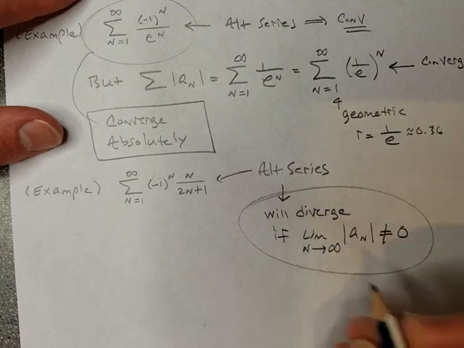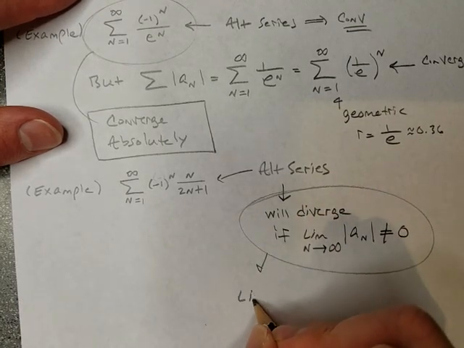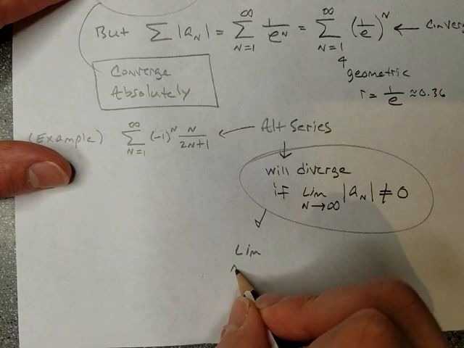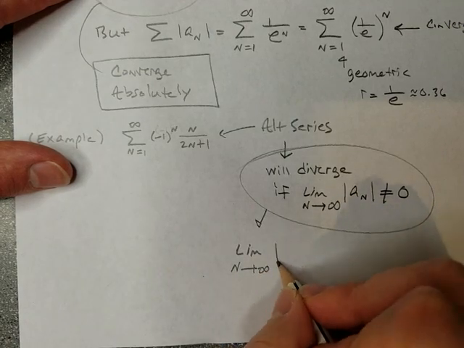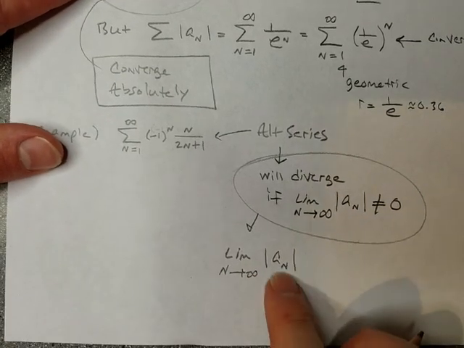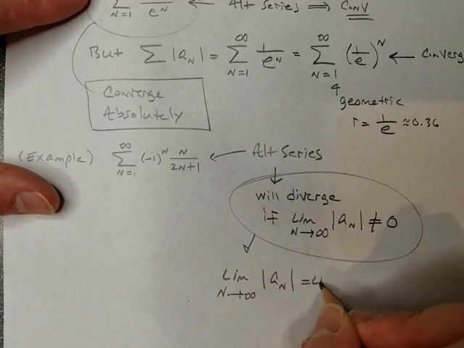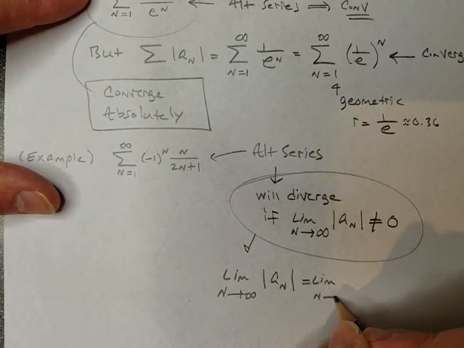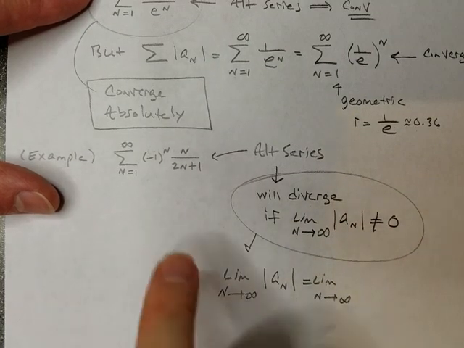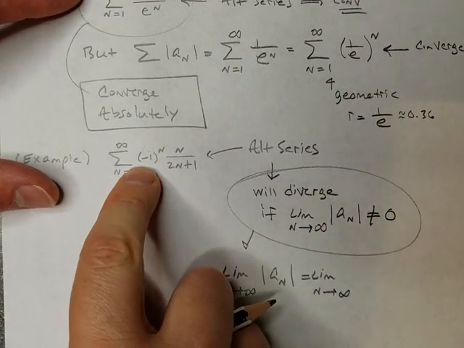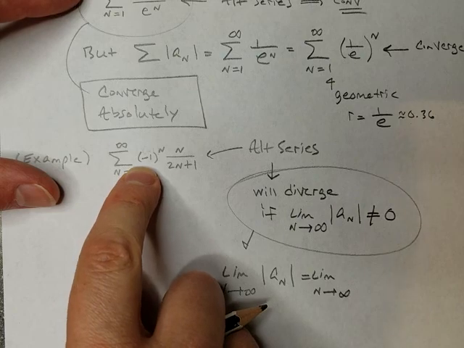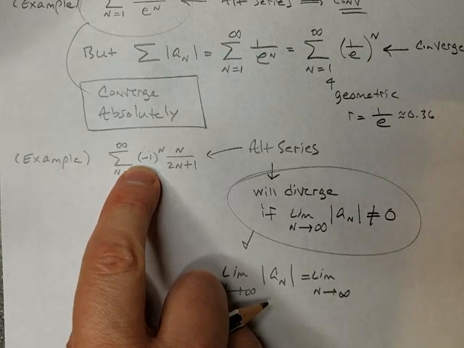So let's see. In our case, the limit as n goes to infinity of the absolute value of an, where an is this formula right here. Well, what would that formula look like if you took the absolute value of it? You'd just lose the -1 to the n, because that number is either 1 or -1.